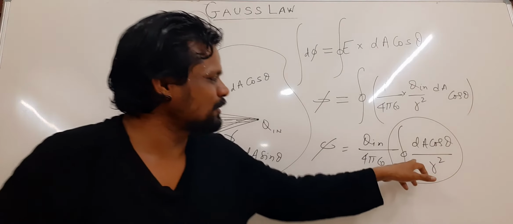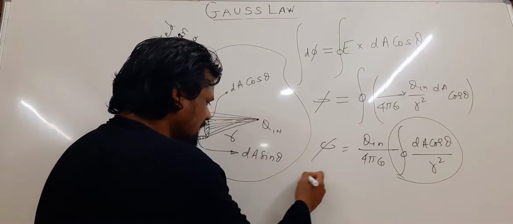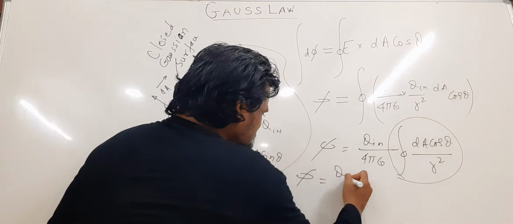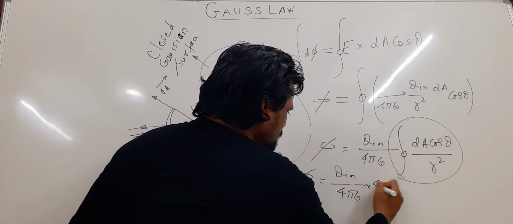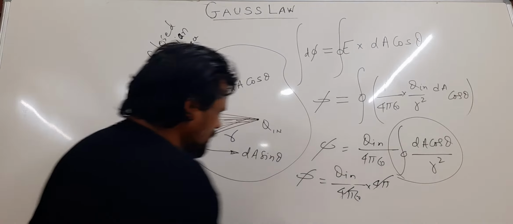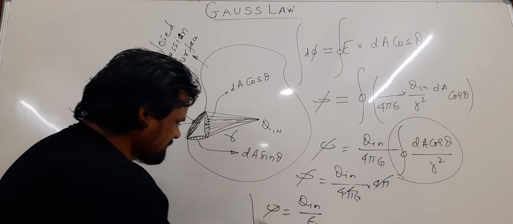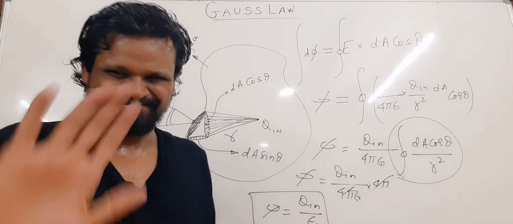You will get this whole value as 4 pi. So phi comes q inside by 4 pi epsilon naught, and this whole comes 4 pi. So when you solve, you will get phi equals q inside by epsilon naught.